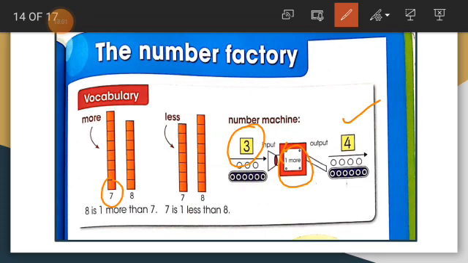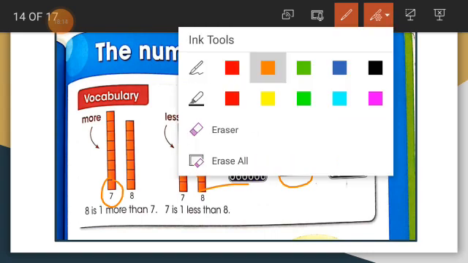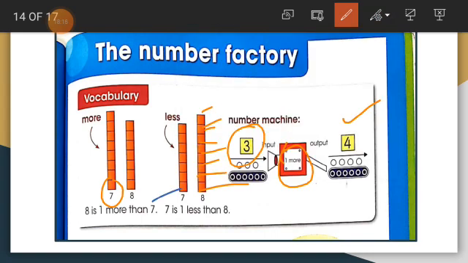Look at this bar. Count how many boxes are there. 1, 2, 3, 4, 5, 6, 7, 8. 8 boxes are there. And when we subtract 1 box, count the boxes now. 1, 2, 3, 4, 5, 6, 7.